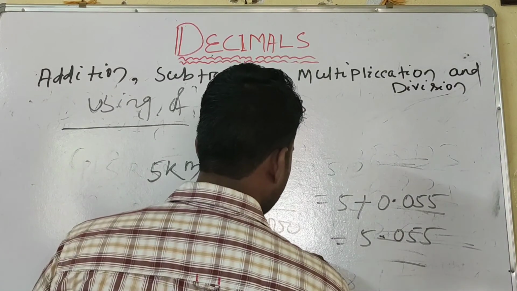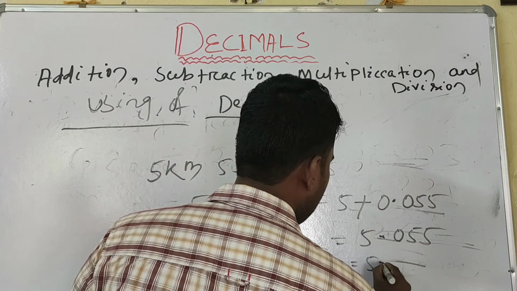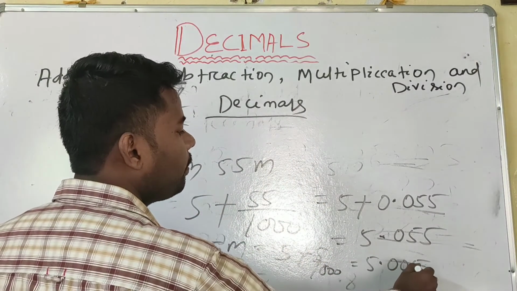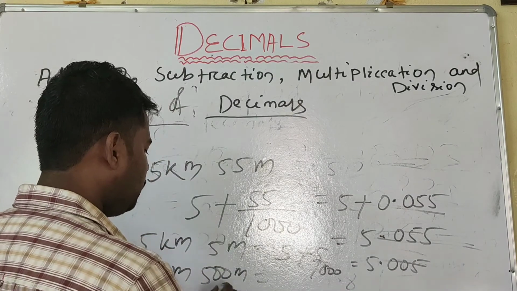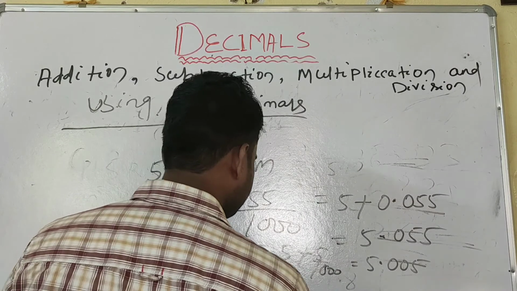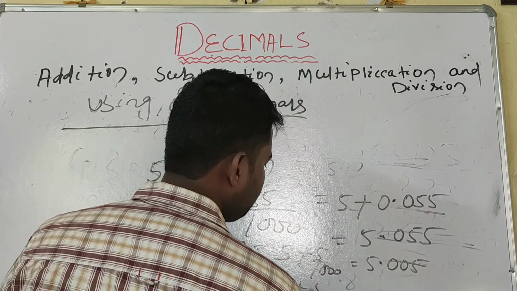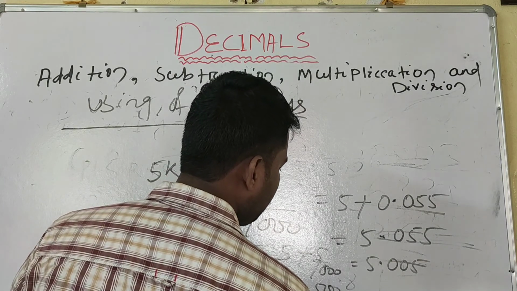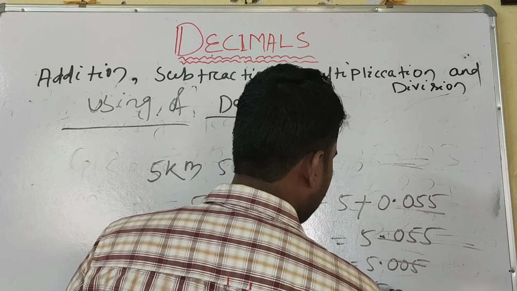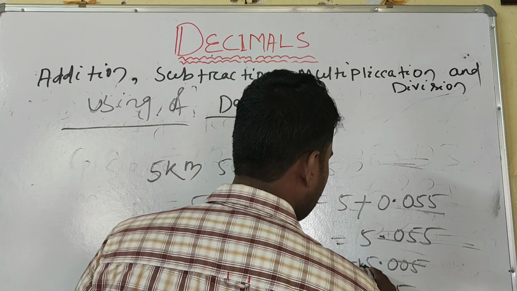So we write 5 plus 5 by 1000, which directly is 5.005. And 5 kilometer 500 meter means 5 plus 500 upon 1000, which we can write as 5.5 kilometer. Okay.